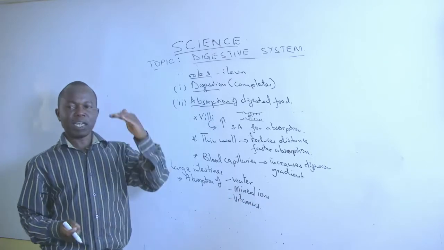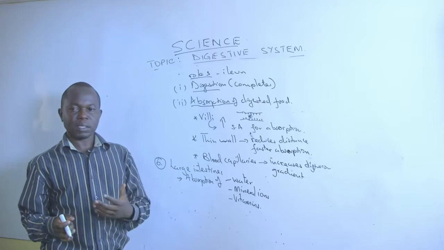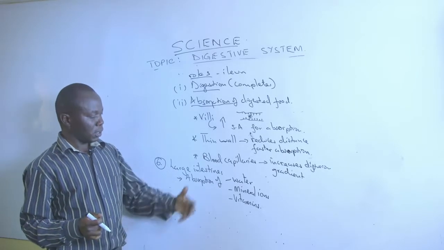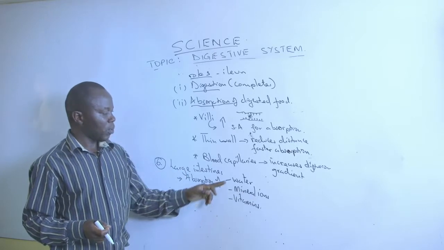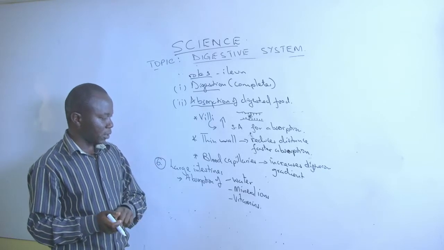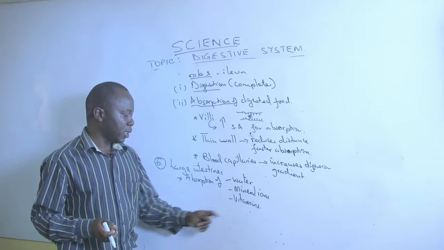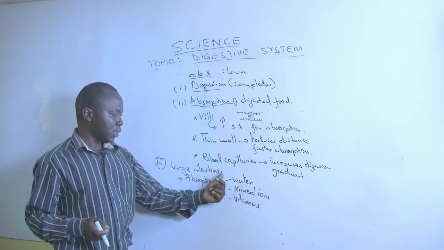Remember, we do not just have starch or carbohydrates being eaten. You eat starch, you eat proteins, you eat food rich in vitamins and mineral ions. Water is part of the daily requirements. They are not going to be digested, but they'll be absorbed directly in the large intestines.